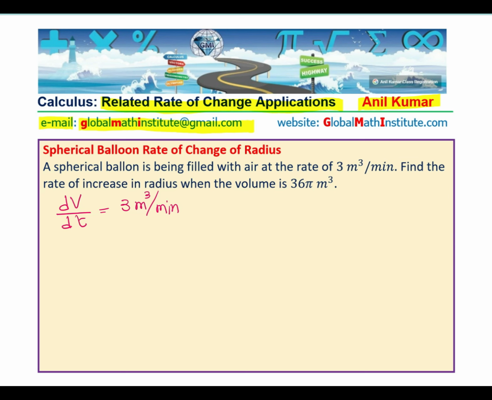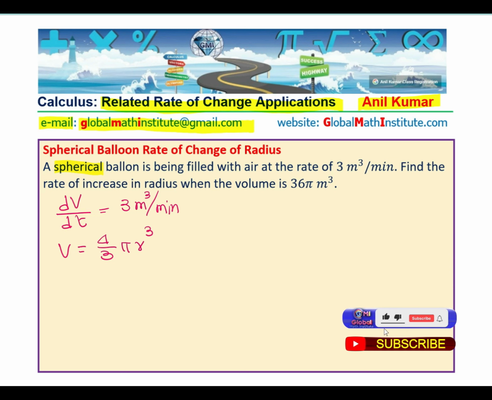So now we are looking at a sphere, as you know, and change of volume is what we are looking into. So we should know what is the formula for volume of a sphere, which is 4 by 3 pi r cube. You see how the things are related, right?